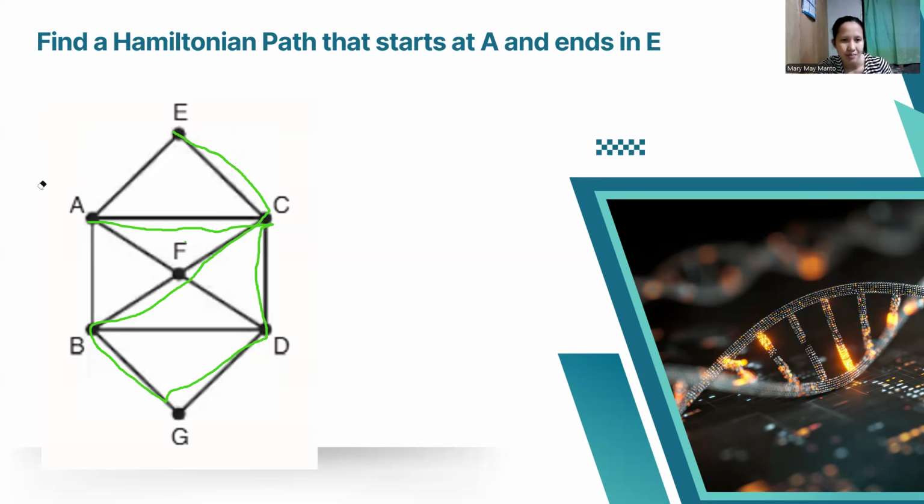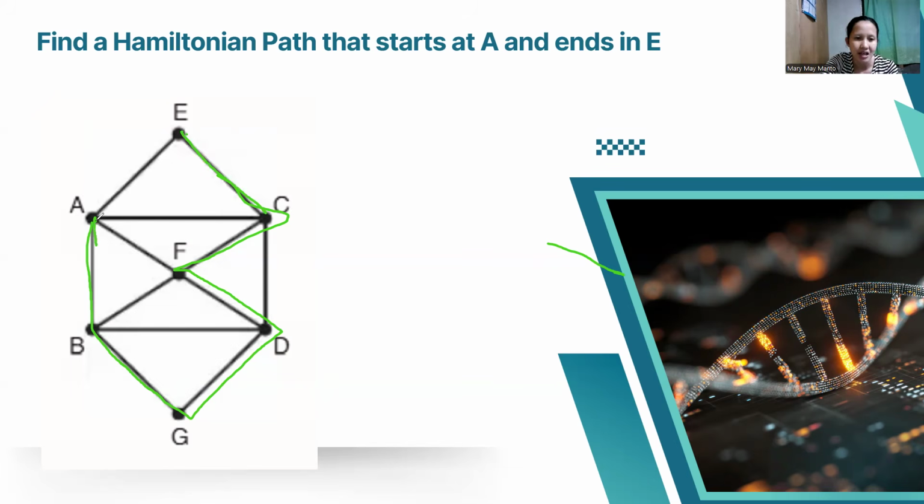Let's try a different path. What about if we will go over with this one? Like this. A to B, G, D, oh, wow, we got it. Okay, we can see it now. But where is it? Here, okay.